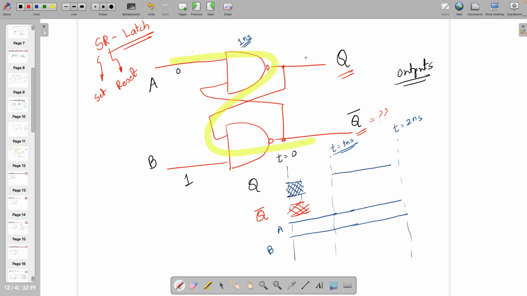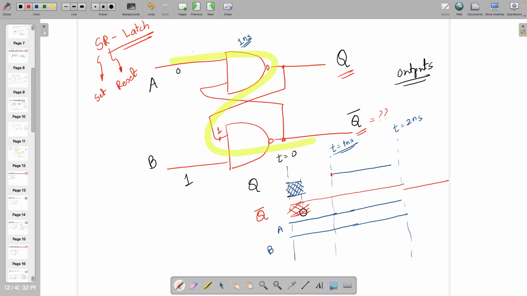So I need to check the output after 2 nanoseconds. So what will happen after 1 nanosecond? After 1 nanosecond, this point will become 1, right? And if both the inputs are 1, then what's the output? 0 for the case of Q bar here.